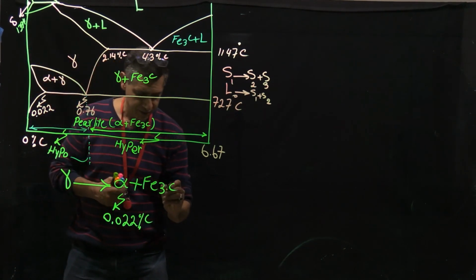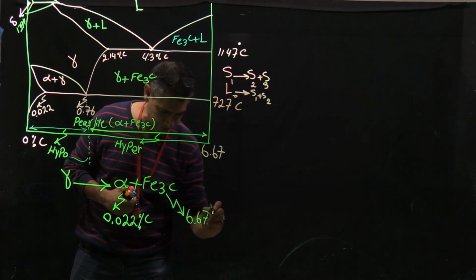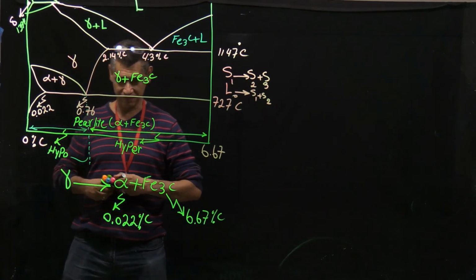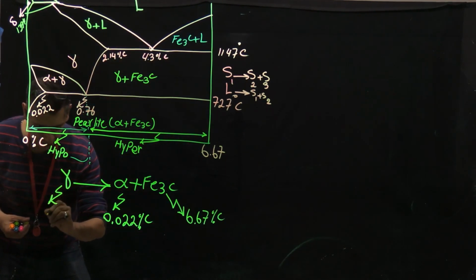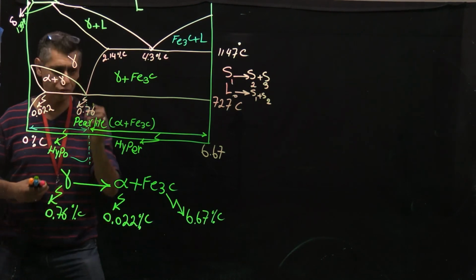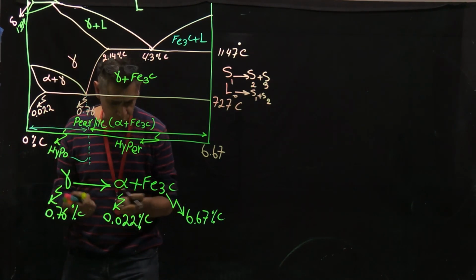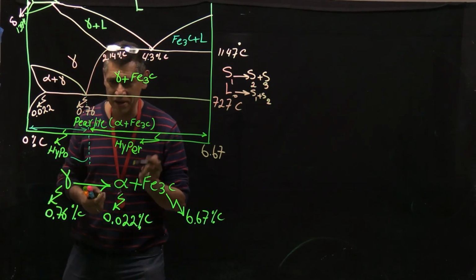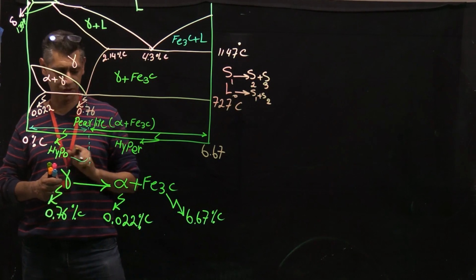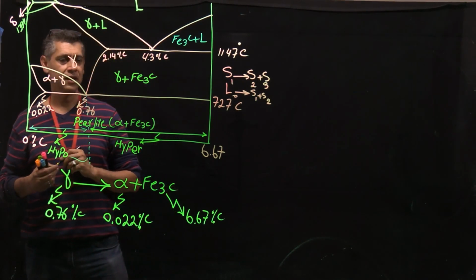We know that the carbon content of cementite is 6.67%, which is the maximum amount of carbon that can be dissolved in iron. And we know that austenite at the eutectoid temperature, right at this point, has 0.76. So first of all, I want to know how many percent of my final structure as a weight percent is ferrite and how many percent is cementite.